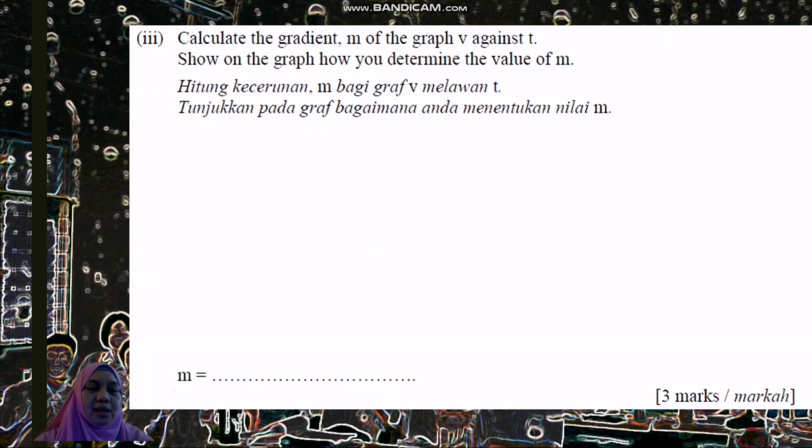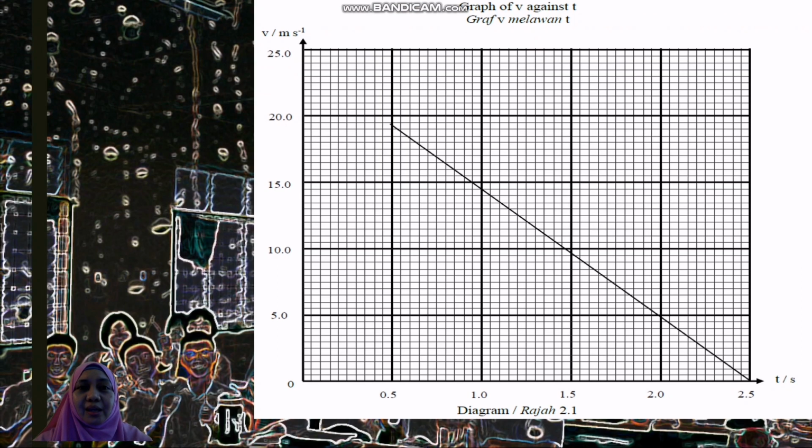Next, number 3, calculate the gradient m of the graph of v against t. Show on the graph how you determine the value of m. Do you remember how we determined gradient in question 1? So we apply the same method here. First, you draw a big triangle.